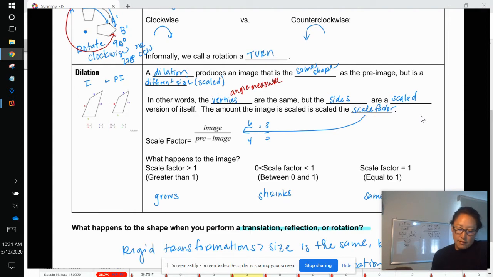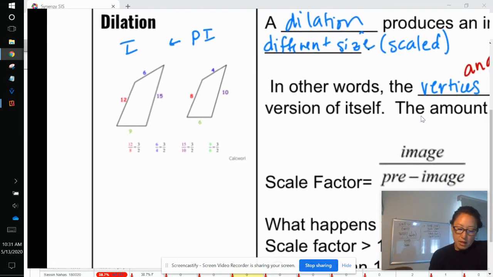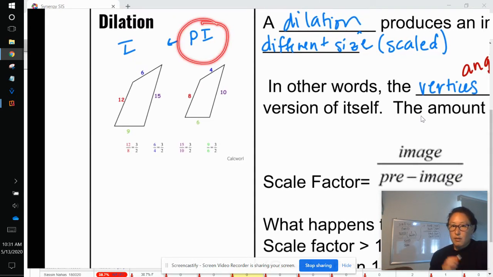To find the scale factor, we use the image length over the pre-image length. If we look at our diagram over here, the pre-image is the original. The original image is on the right, and we're going to change to the image on the left.